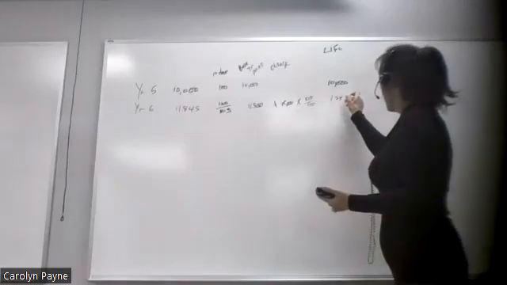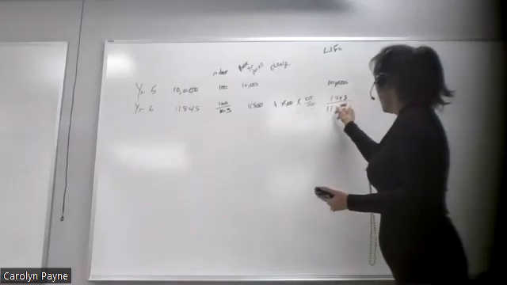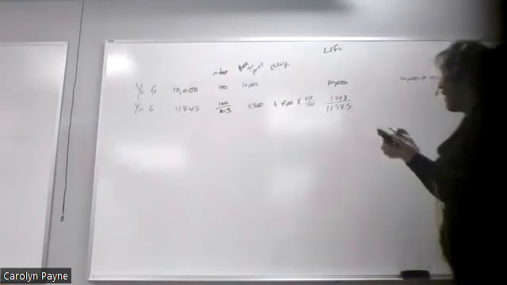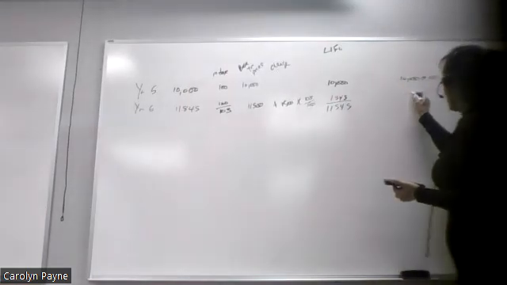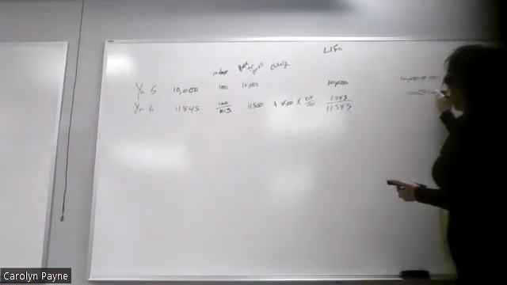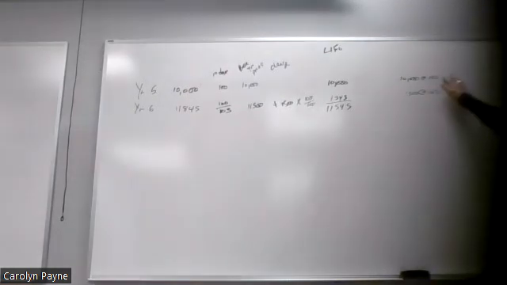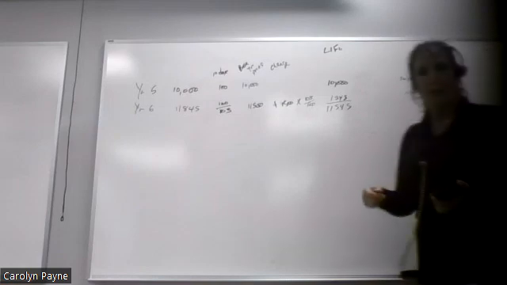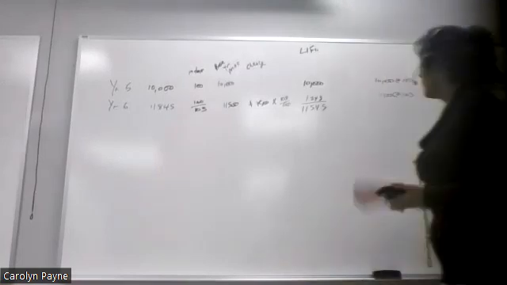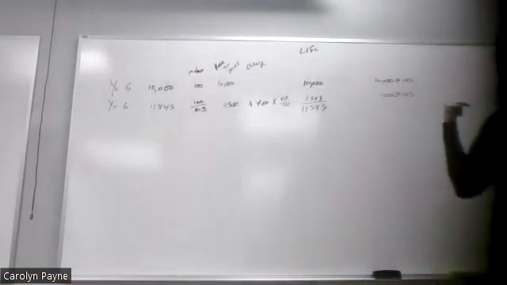That's 1,545, so my ending inventory is 11,545. And keeping my layers, I now have the $10,000 at base 100 and the 1,500 at 103. Okay, makes sense?